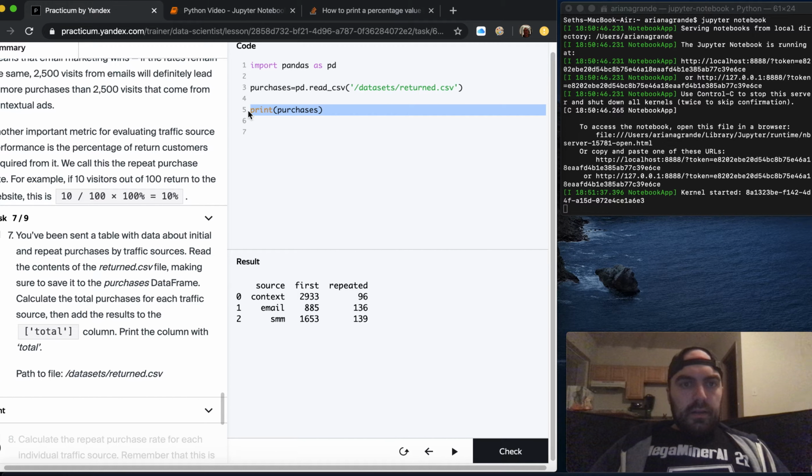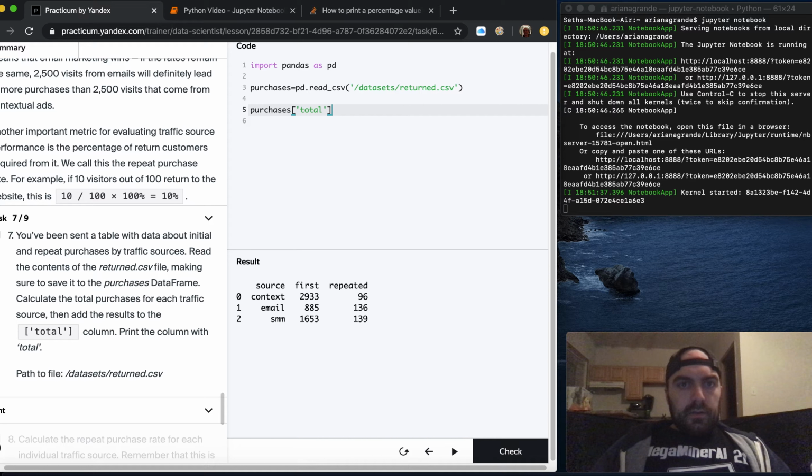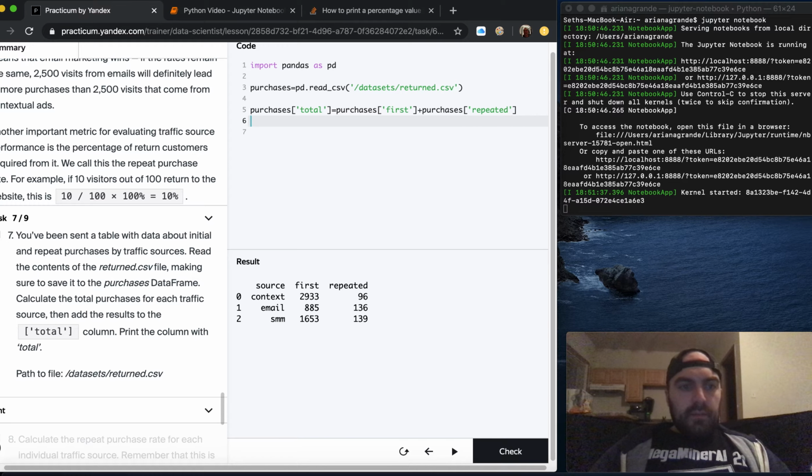Okay, but then they want us to do purchases total is going to be equal to purchases first plus purchases repeated, and they want us to print the column with total.